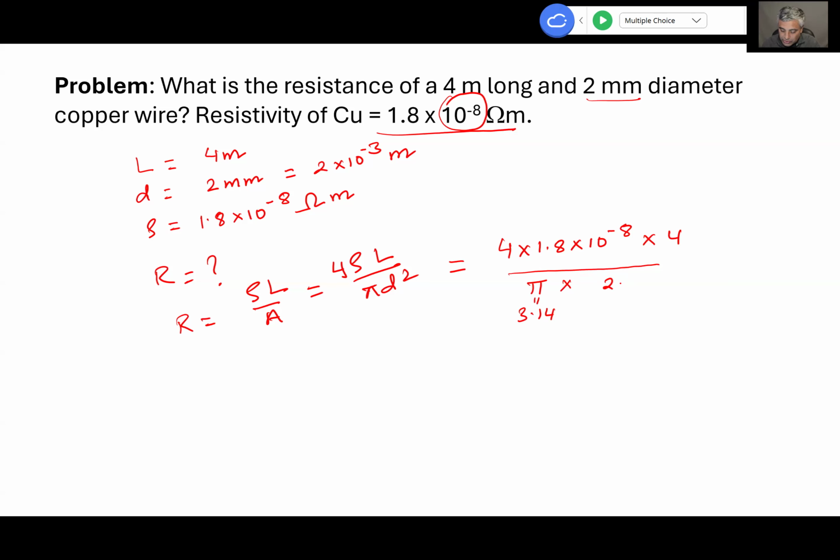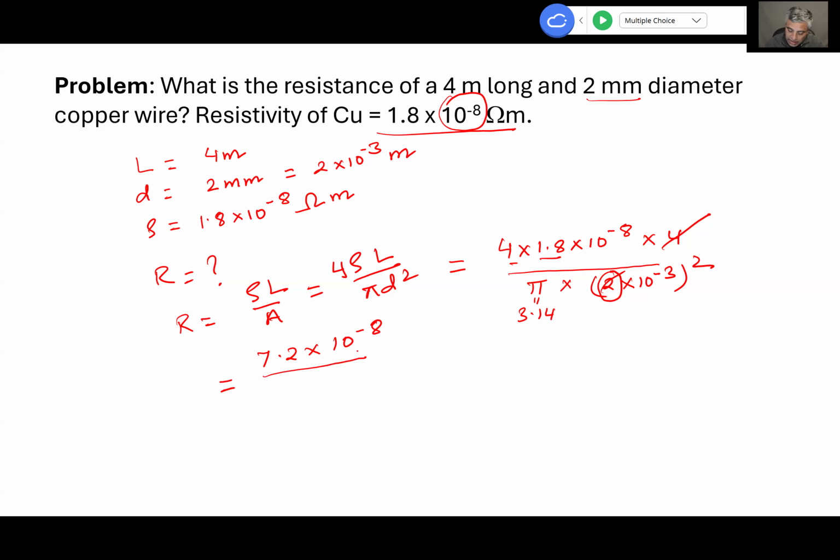Here diameter, 2 times 10 to the power negative 3, has to be squared. Looks like there is this 2 squared, so this 4 is going to cancel with this 2. So 18 times 4 is 72, I think, so that means it's going to be 7.2 times 10 to the power negative 8.